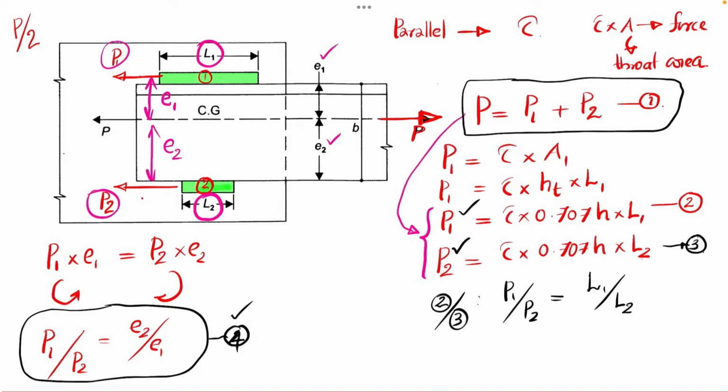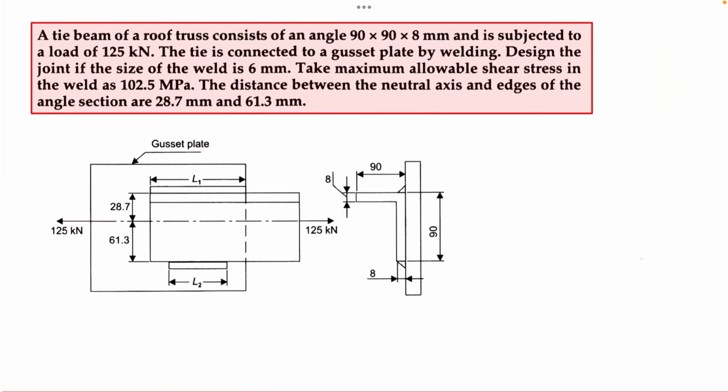So I will be solving one problem, or I will be demonstrating how to use this concept for solving such a problem from the unsymmetrical weld subjected to axial load. So let's get into that problem. So here a tie beam of roof truss that consists of an angle plate whose dimensions are given. 90 by 90 by 8 means this dimension is 90 mm, and this dimension is also 90 mm.